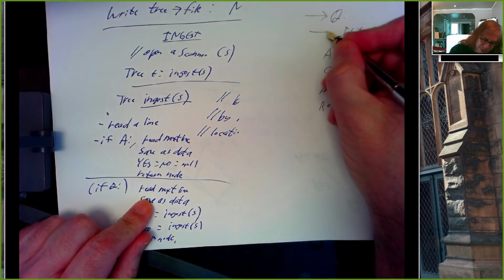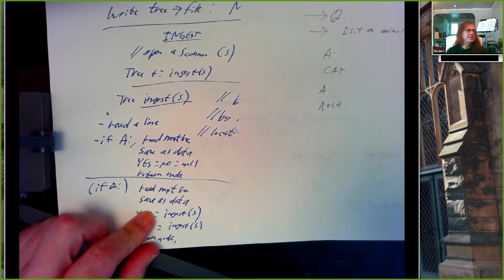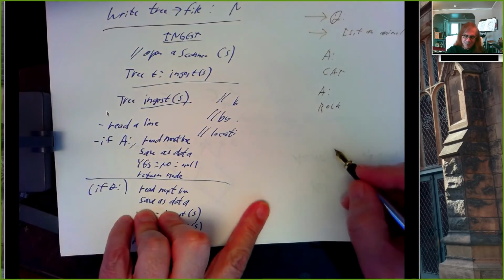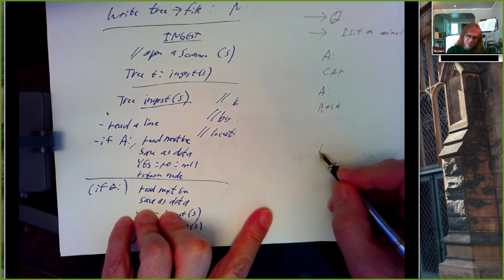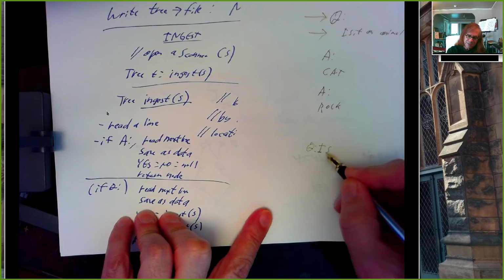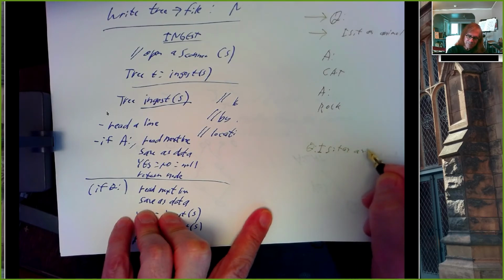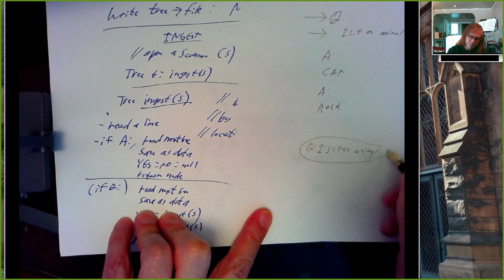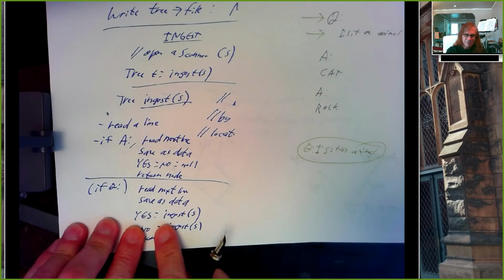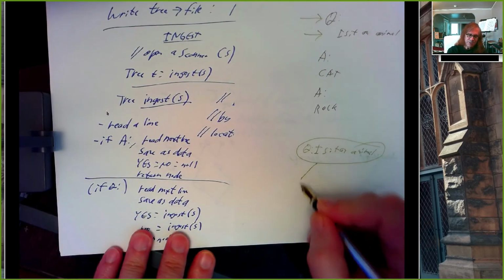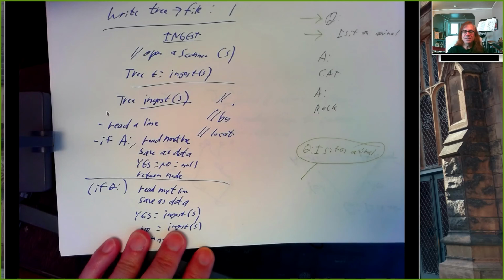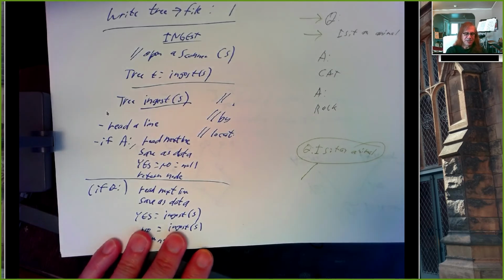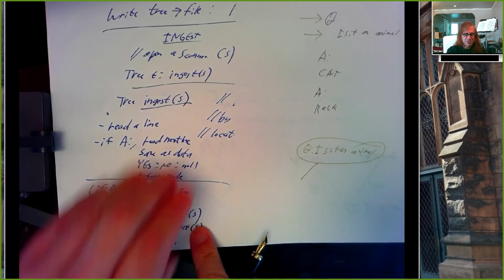Read the next line, which says, is it an animal? Save that as our data. So we make a node which says question, is it an animal? Then we set the yes node to whatever we get when we call ingest. So we make this recursive call to ingest.